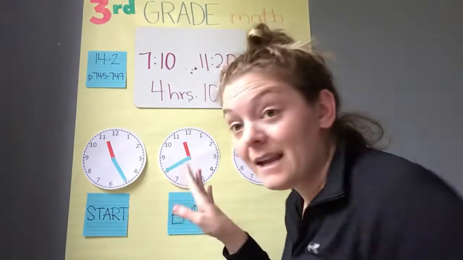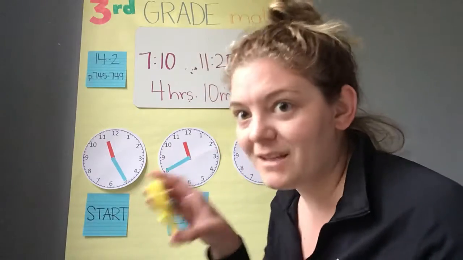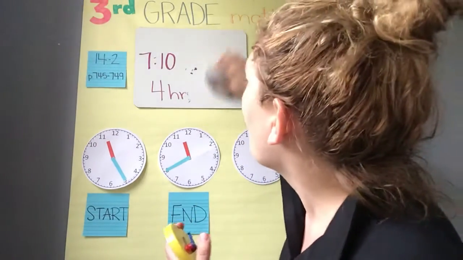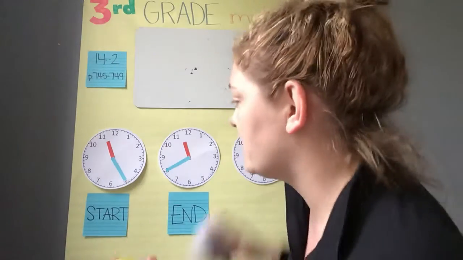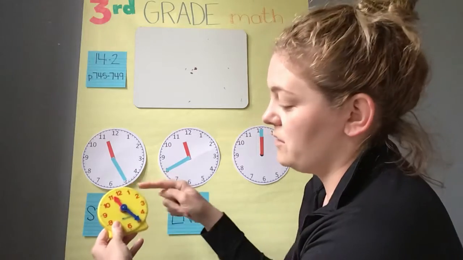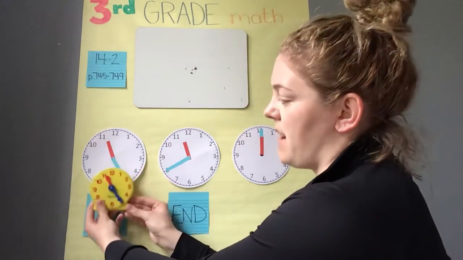Okay, when I'm setting my clock up, I start from my 0. But when I'm counting for how much time is spent, I start from where I am and I start counting by 5s. So let me get my clock set up to look like this. 11:25, right?